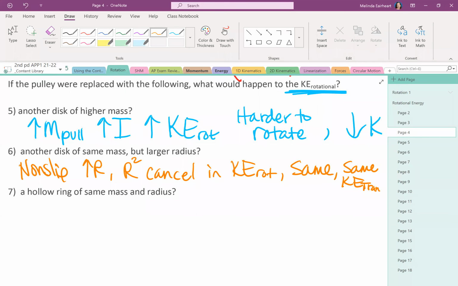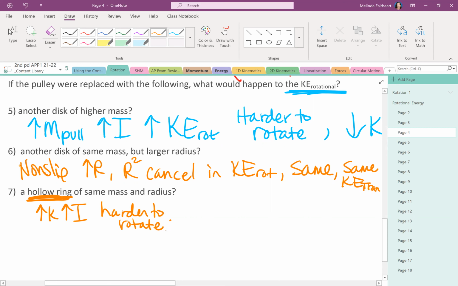And then we've got a hollow ring of same mass and same radius. Conceptually, you don't need to know the number, but what's happening here? It would mean a higher constant, a higher inertia, harder to rotate. And so what would happen to your rotational kinetic energy?